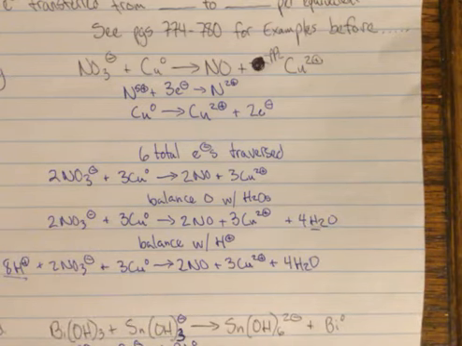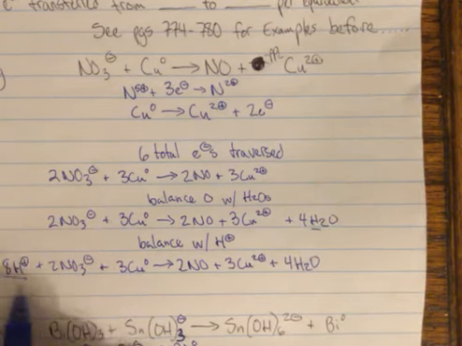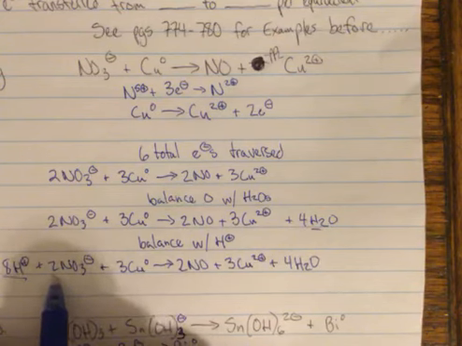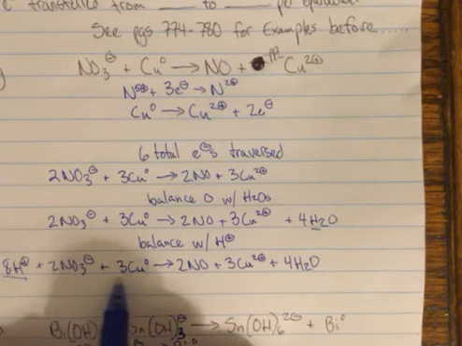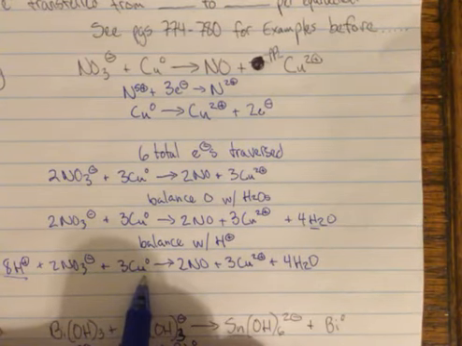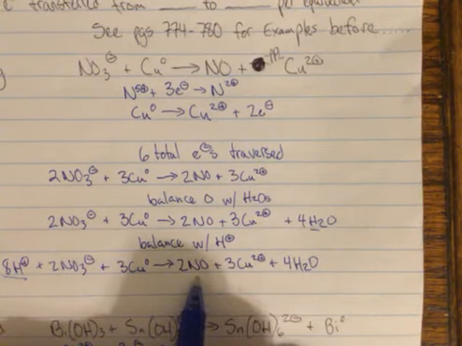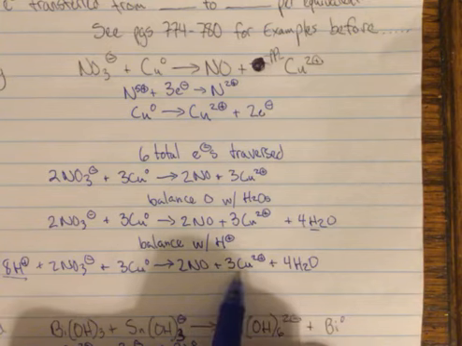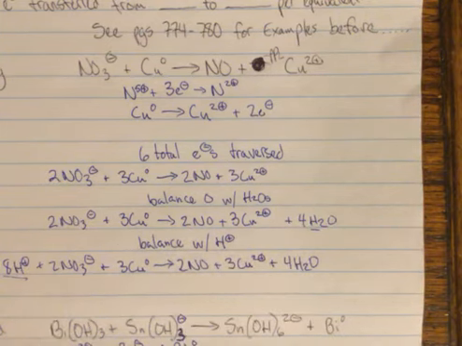So 8 H plus, 2 NO3 minus, and then 3 equivalents of copper in the solid state to yield 2 NO, 3 equivalents of copper 2 plus, and then 4 equivalents of water.